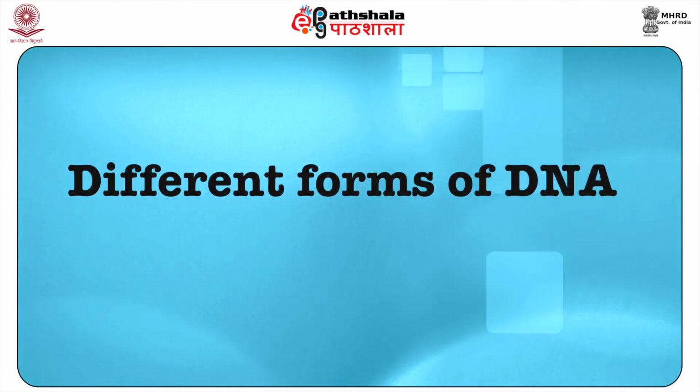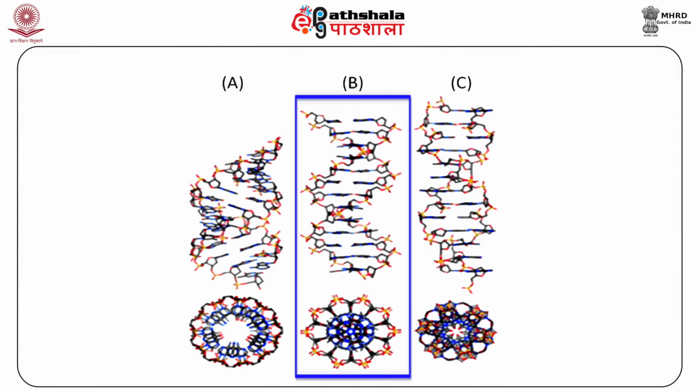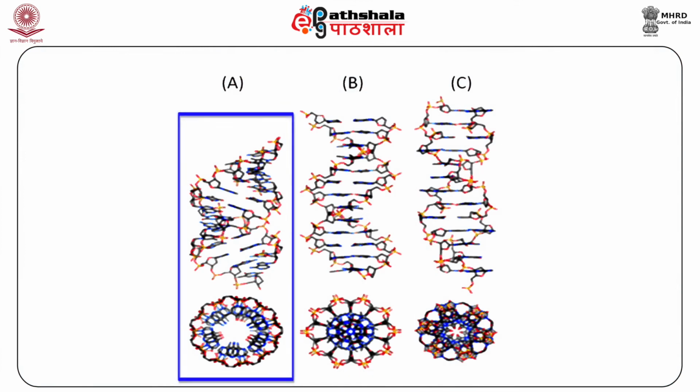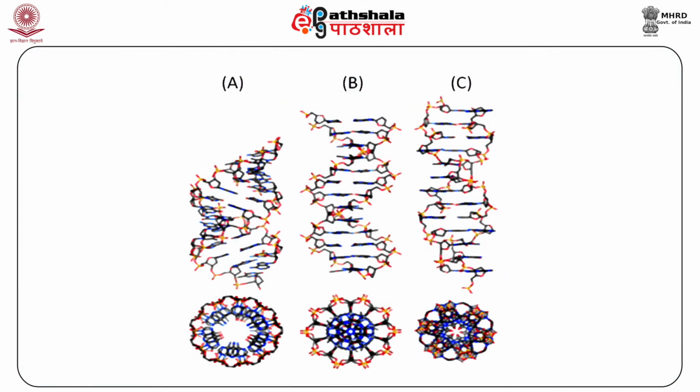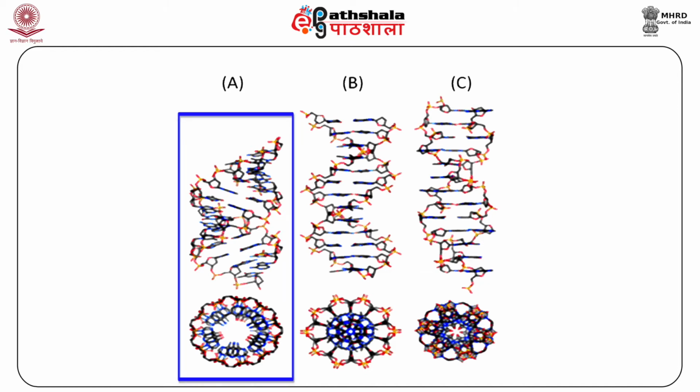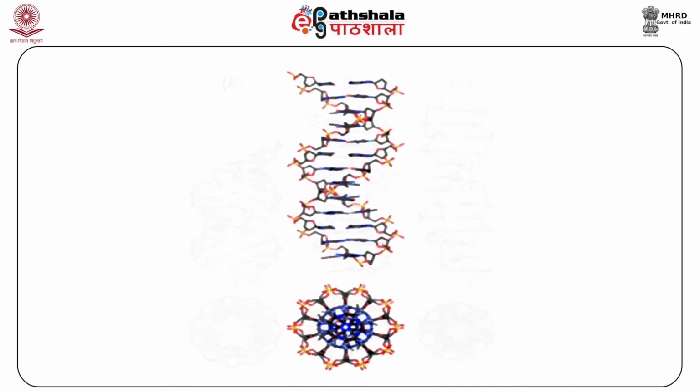We have just learnt about DNA as well as the RNA found in the cell. DNA can exist in various forms, namely B-DNA, A-DNA and Z-DNA. This figure shows the structural comparison of A, B and Z DNA.